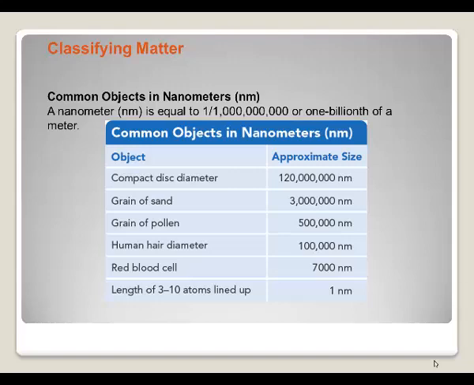And that small unit of measure is the nanometer. A length of 3 to 10 atoms lined up, one right after another, is 1 nanometer. In comparison, a grain of sand is about 3 million nanometers, and a grain of pollen is about 500,000 nanometers.